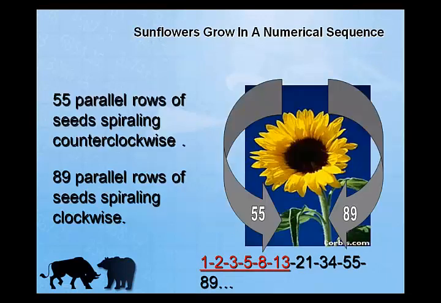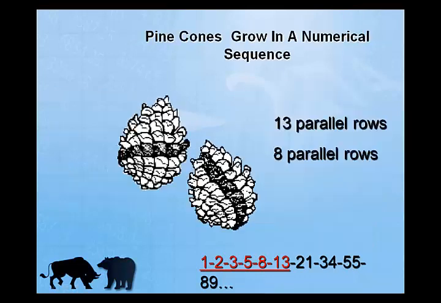Sunflowers also grow in a numerical sequence. As you can see here, 55 seeds spiraling counterclockwise, and we have 89 rows of seeds spiraling clockwise. And these 55 and 89 are in the numerical sequence. You can also see pine cones.